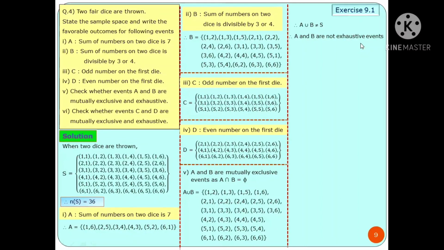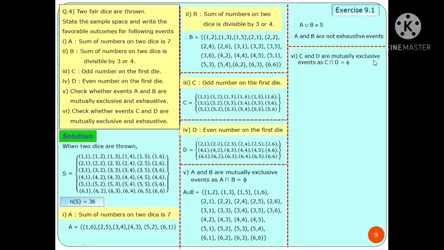Now for the last case, events C and D. Check events C and D. There is no common element in these two events, that is, the intersection is empty: C intersection D equals the empty set. They are mutually exclusive.